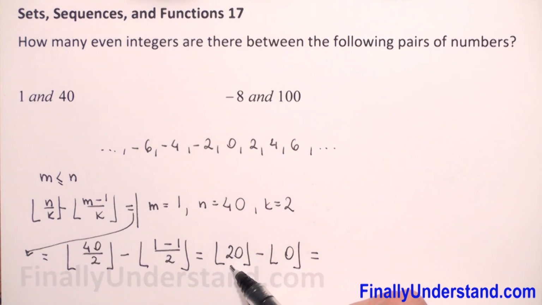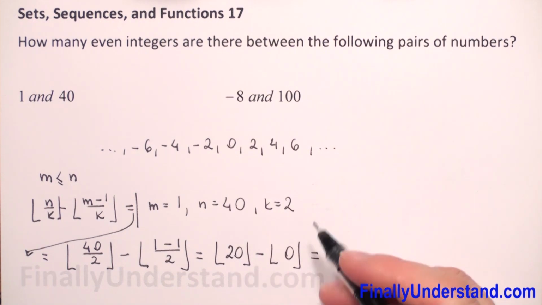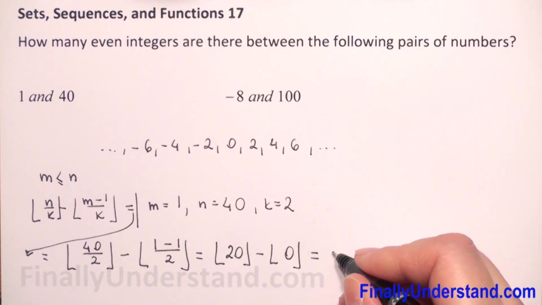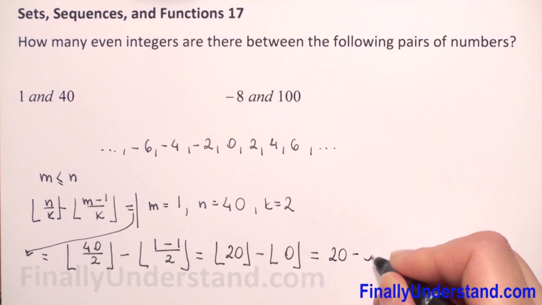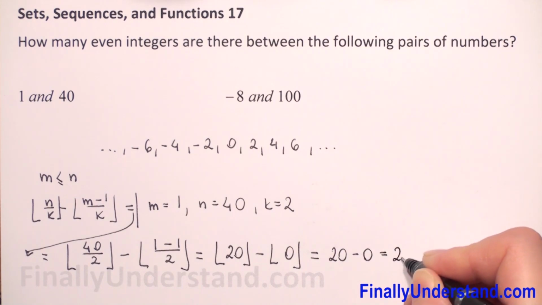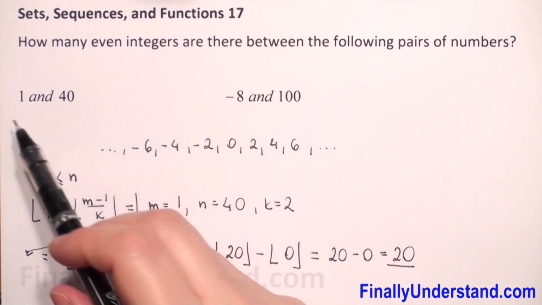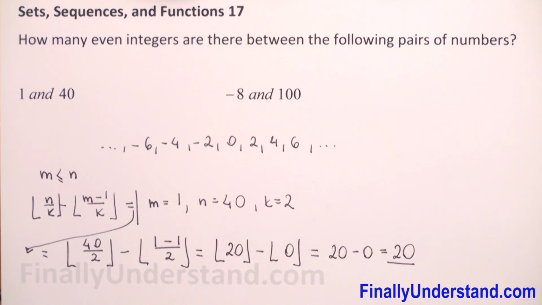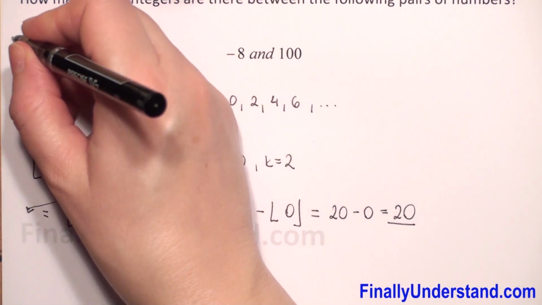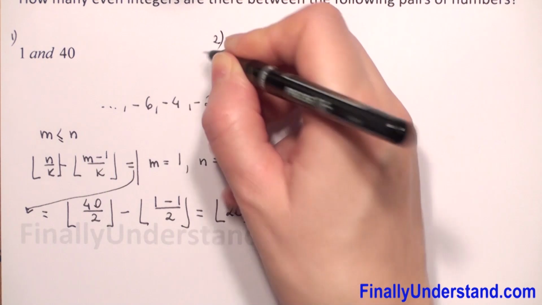The floor of an integer is equal to that integer. So we have 20 minus 0, which is equal to 20. This is the solution to the first example.